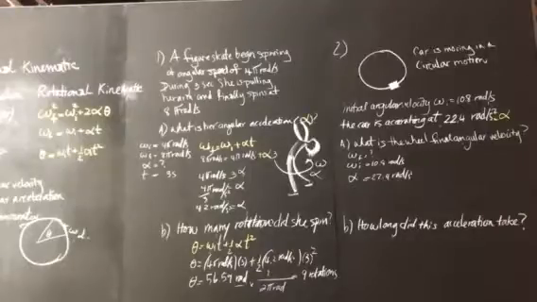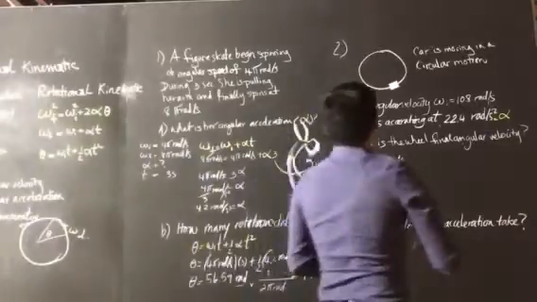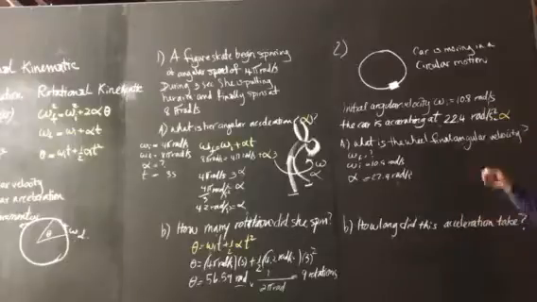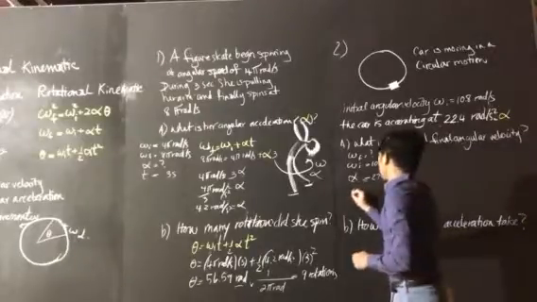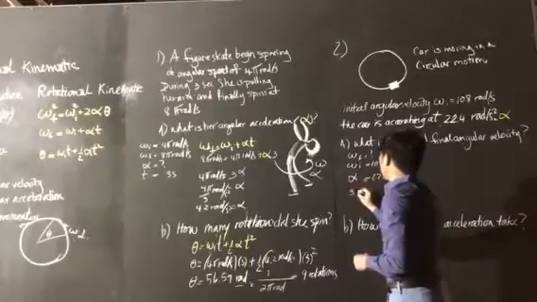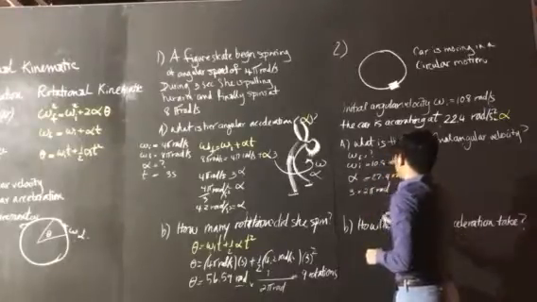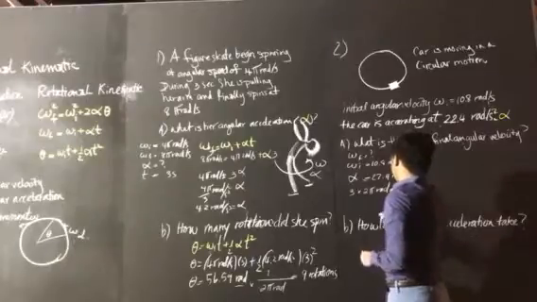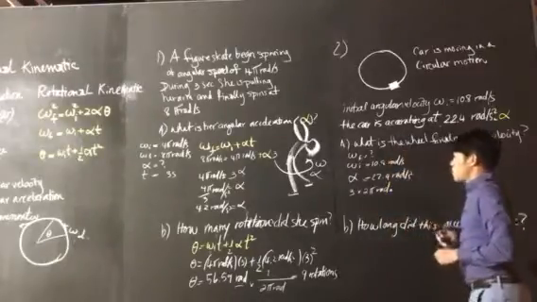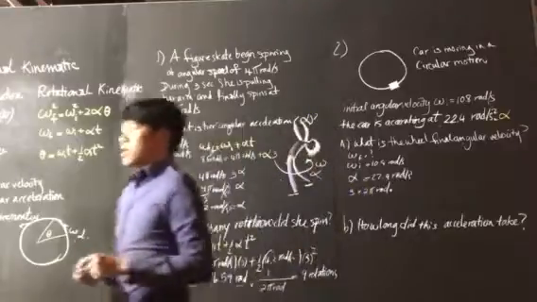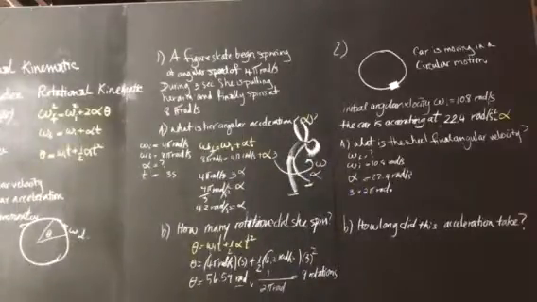So the question says that the car comes to rest after 3 rotations. So you're going to have to utilize what you have right here to figure it out. It's 3 rotations, so you're going to use 3 multiplied by 2 pi radians. Let's use the calculator to calculate the values.